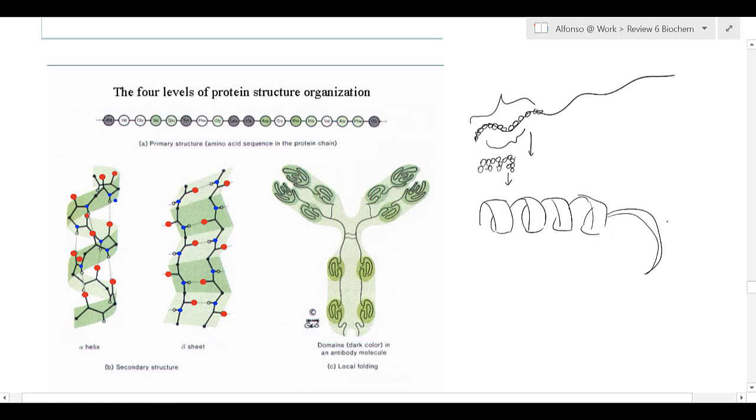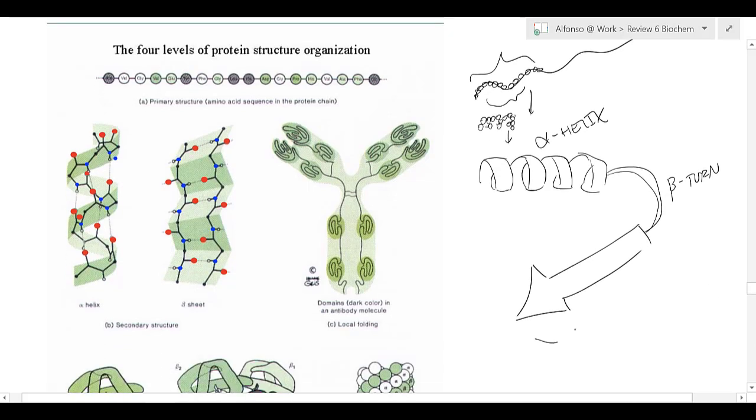you can have something called a beta turn. So this right here would be your alpha helix. And then this part right here could be a beta sheet. And this part right here could be these amino acids over there. Does that make sense? So all of the secondary structures are due to what?